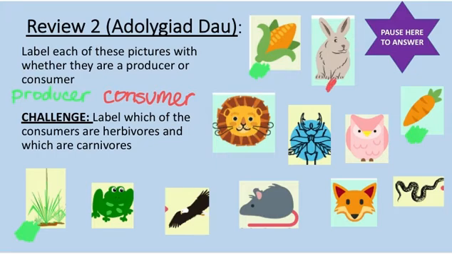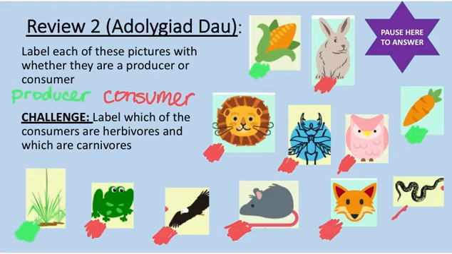So we've got our rabbit, our lion, insect, owl, frog, eagle, rat, fox, and snake. Okay, so I've got a green squiggle next to all of the producers and a red squiggle next to all of the consumers. So give yourself a mark for each of the ones you got right, you label correctly.